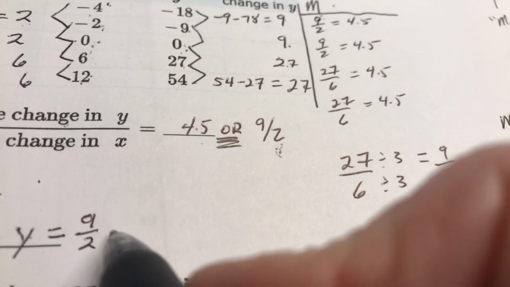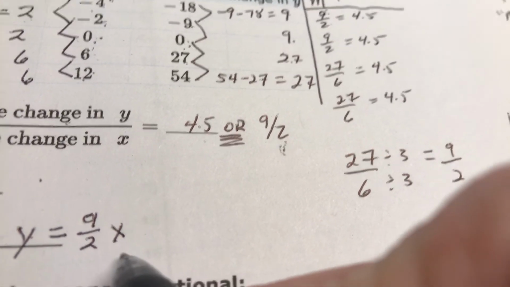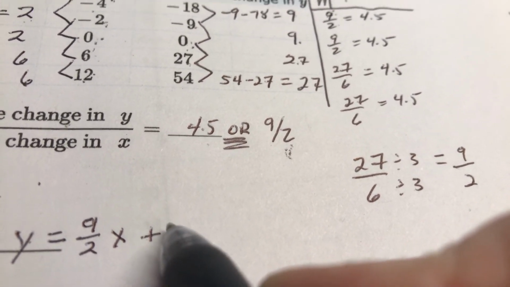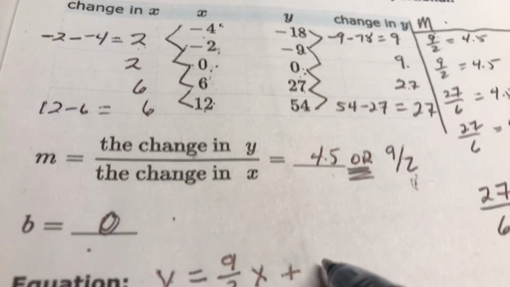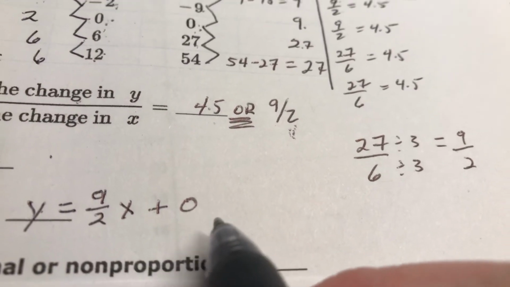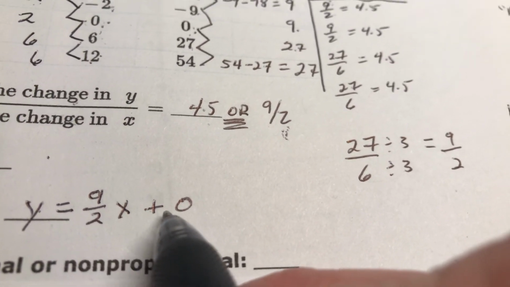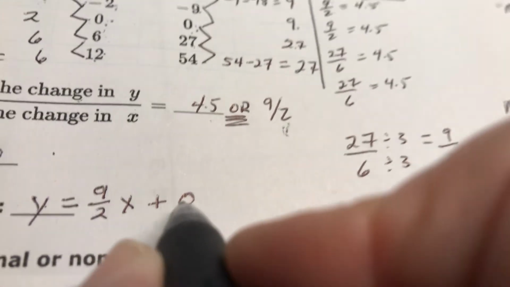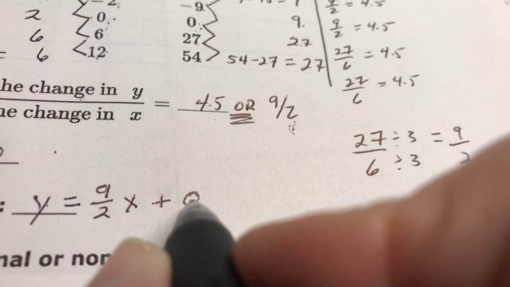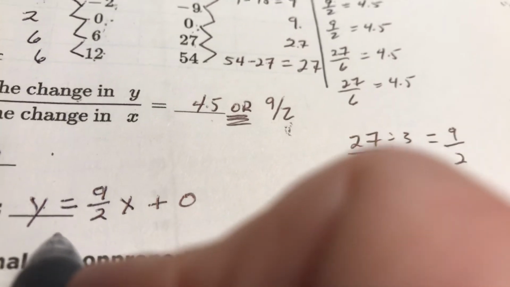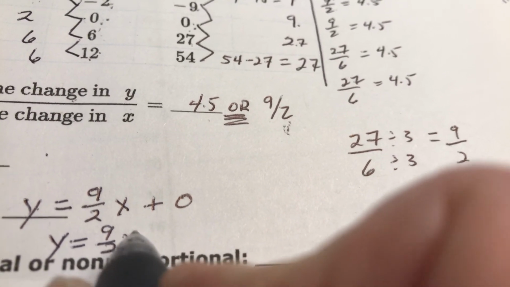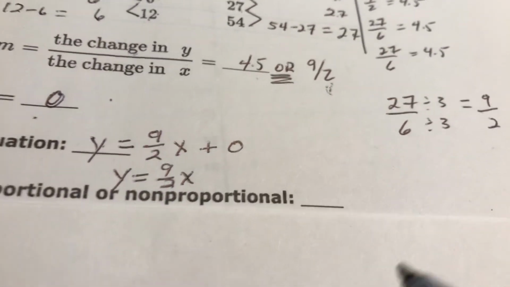And that m is always multiplied to an x. Always, always, always. And then it's always plus whatever the b is. Well, in this case, b was 0. Now then, we normally don't do that. So if you had multiple choice, this probably would not be a selection. So we can ignore the plus 0, and really our equation would be just that without the 0.